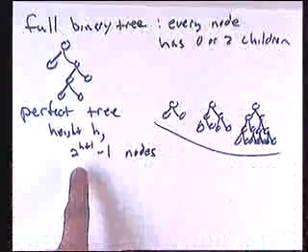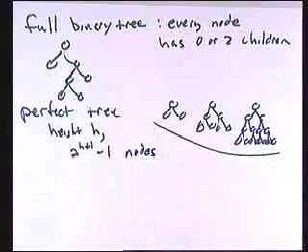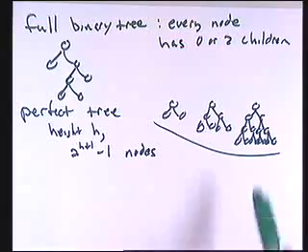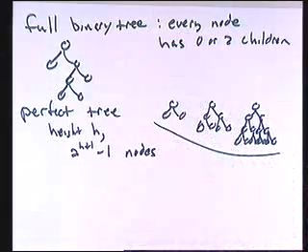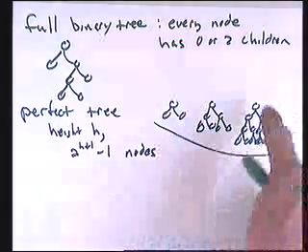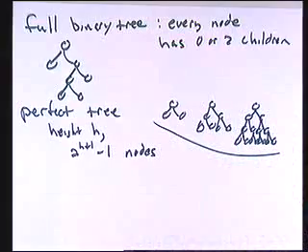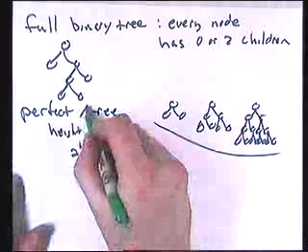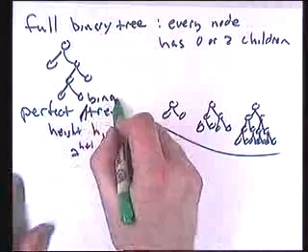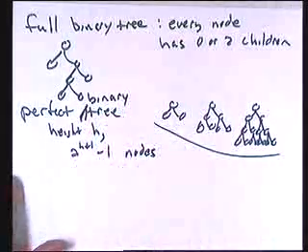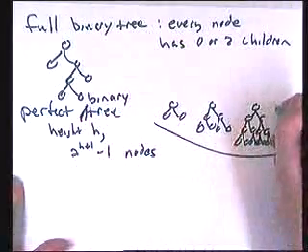Height is 3, that would imply 2 to the 3 plus 1, which is 2 to the 4 minus 1 nodes, 15 nodes. And that's accurate. We're basically saying down to a given height, all possible nodes in that binary tree. So I should say this is really a perfect binary tree.